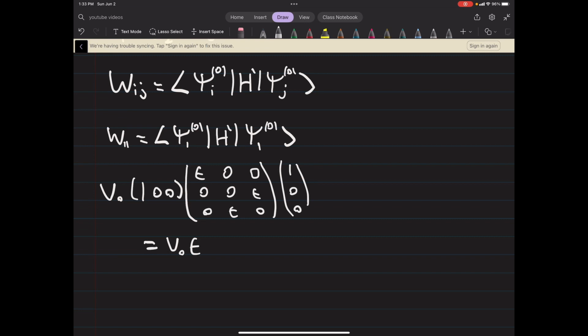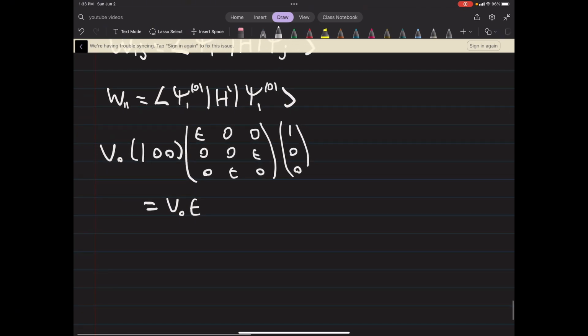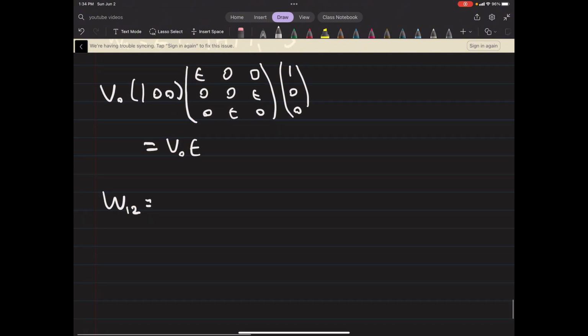Now let's try W12. I believe this matrix is symmetric, so I want to say that's equal to W21. But we'll calculate them both just to be safe. I don't remember if that's actually a thing or not, so we'll just calculate it the long way first.